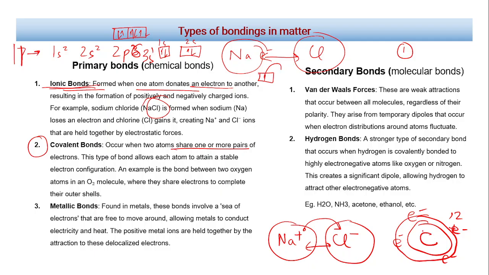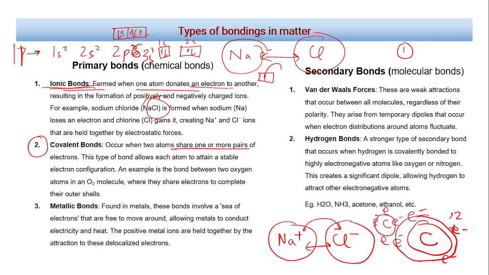Giving off electrons requires a lot of energy; we need to overcome the attractive force and all. So instead of giving these 4 away completely, it starts sharing. One carbon atom will share with another carbon atom that also has 4 electrons in its valence shell.